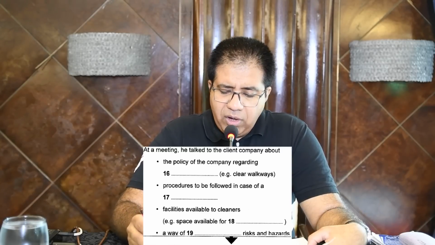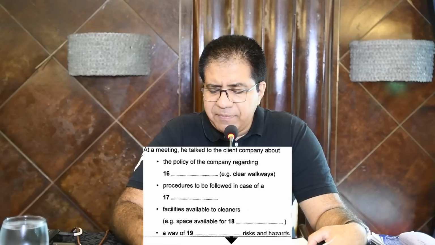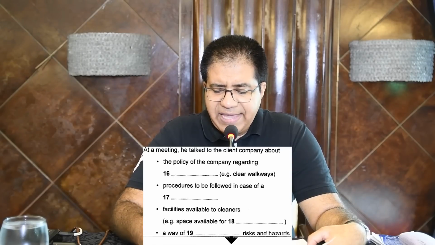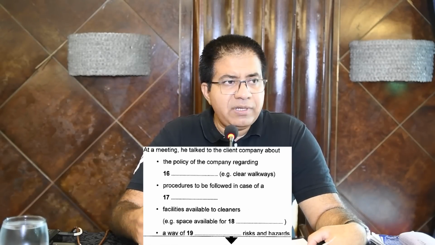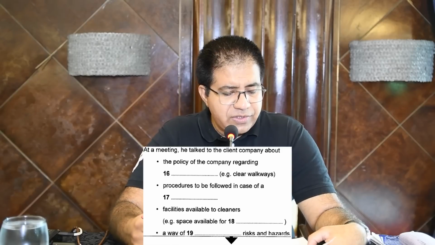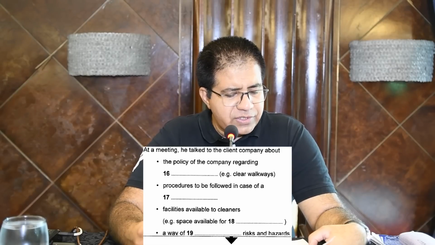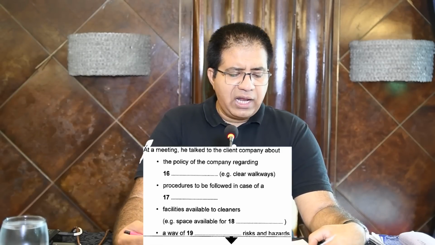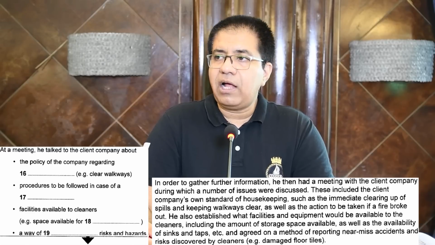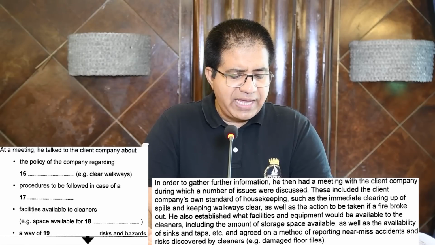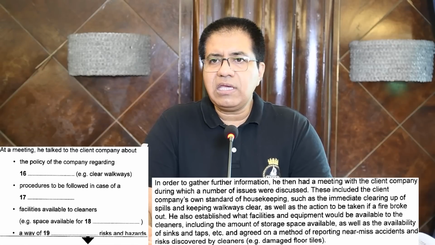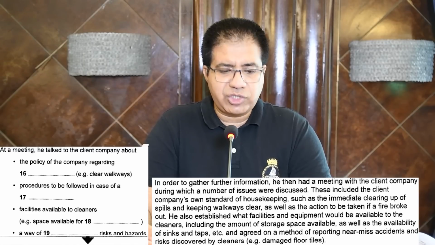Now, let's go on. Facilities available to cleaners. For example, space available for dash. Now, cleaners. Facilities for cleaners. Right? It's the fourth last line of third paragraph, please follow me. He also established, found it? He also established.